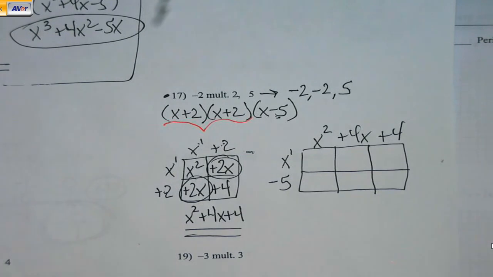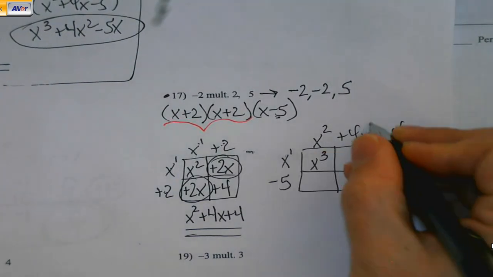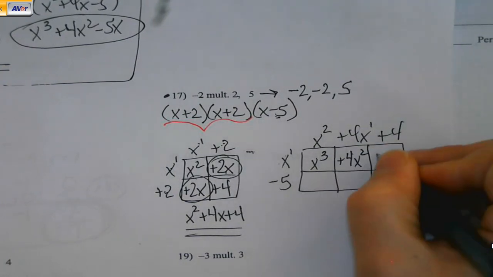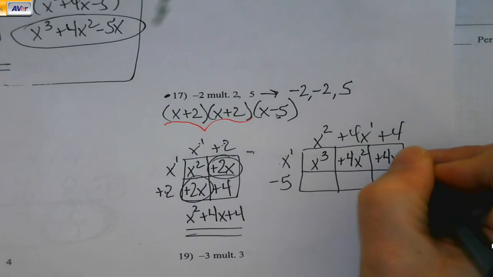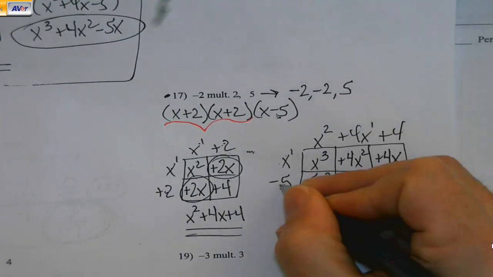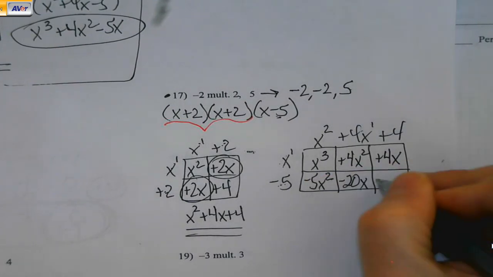Now again, back to the same rules. Add your exponents. Multiply your coefficients. Watch your signs, especially when you've got positives and negatives that you're playing with.